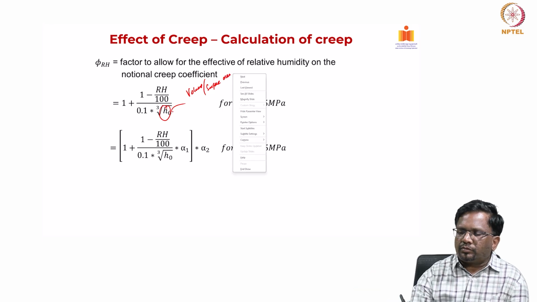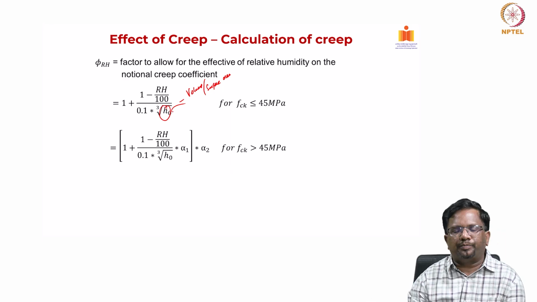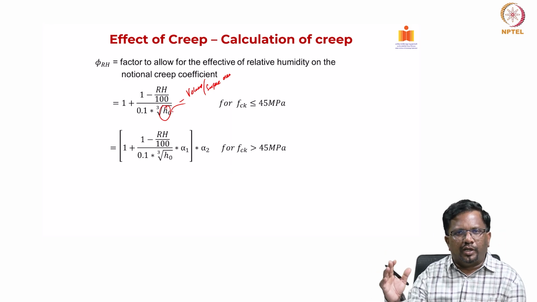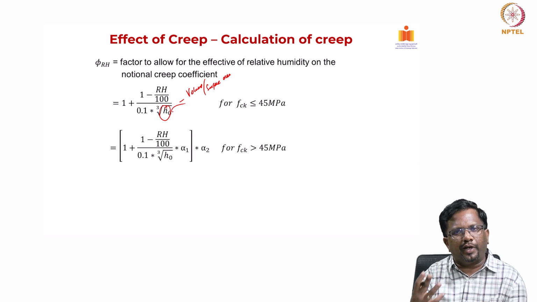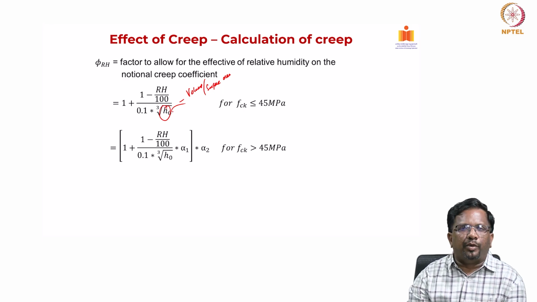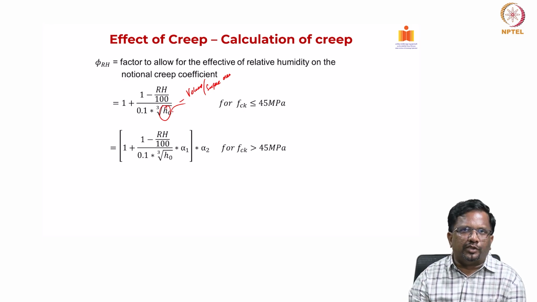Higher the relative humidity, we know that less will be the creep. If it is a dry region, there is more possibility of escape of water, so more will be the creep. If relative humidity is high, it cannot absorb the moisture, so less will be the creep. So, these different coefficients have been given.